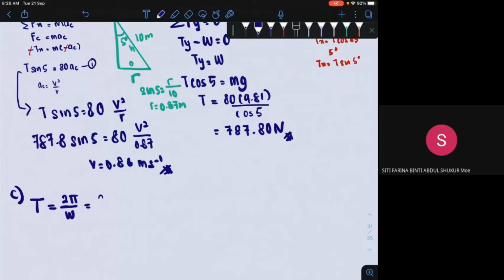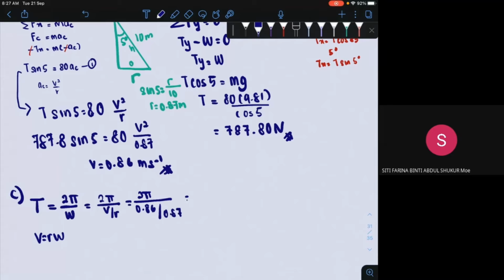So 2 pi tak ada masalah, is a constant. Omega dekat sini, kalau kamu tengok kita ada relationship in chapter 6 juga, V is equals to R omega. So to find omega, awak ambil V bahagi dengan R, which you know both these values. 2 pi, R kamu, V kamu adalah 0.86, baru cari R adalah 0.87.